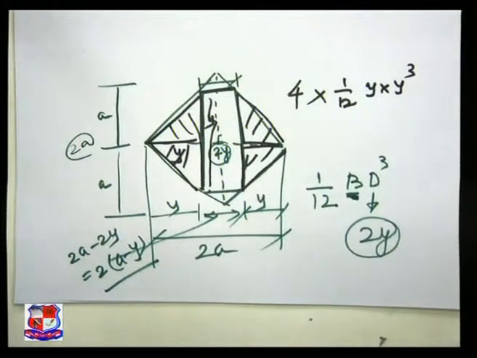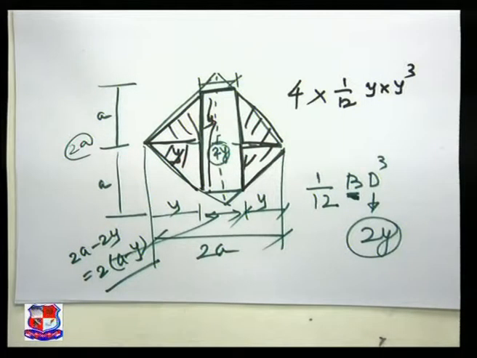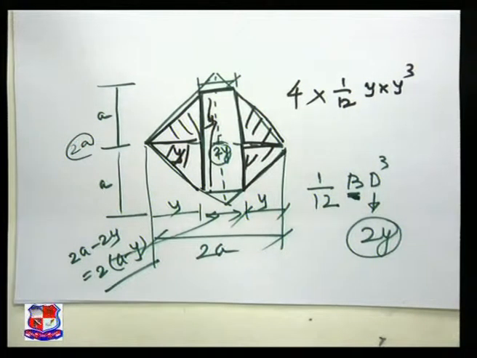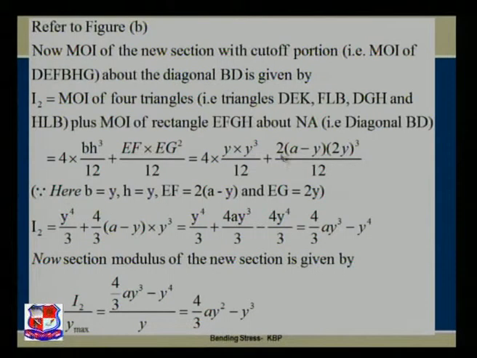So if we are referring to the same thing over here on this PPT, we came across twice a minus y into 2y cube by 12, and hence by simplifying this we achieve y raised to 4 by 3 plus 4 by 3 bracket a minus y into y cube, and once again simplifying it, we achieve 4 by 3 a y cube minus y raised to 4.